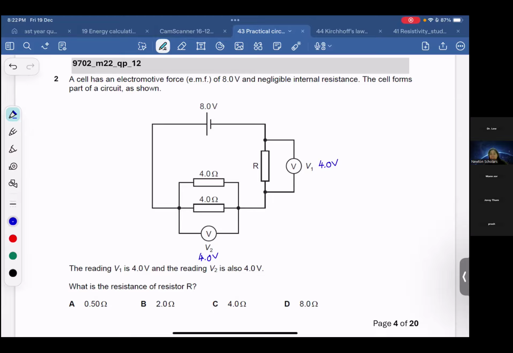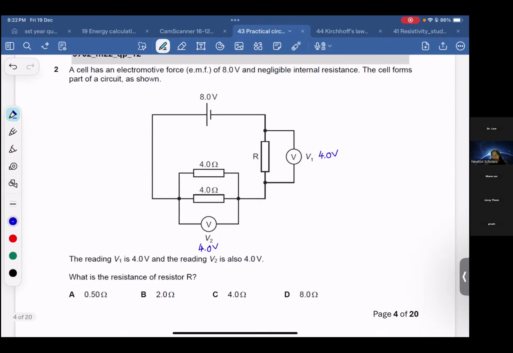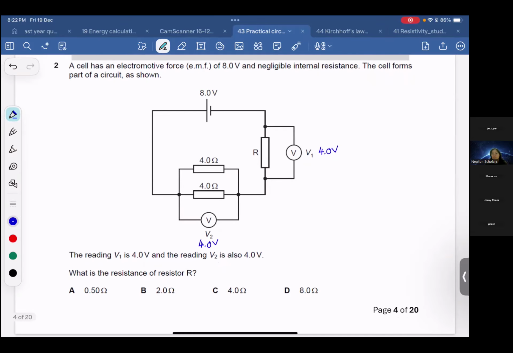Fawal, correct. How about others? Fawal already got the idea. Vashini, correct. Fawal, are you doing some calculation or can you tell straight from the diagram? Read from the diagram. Good.